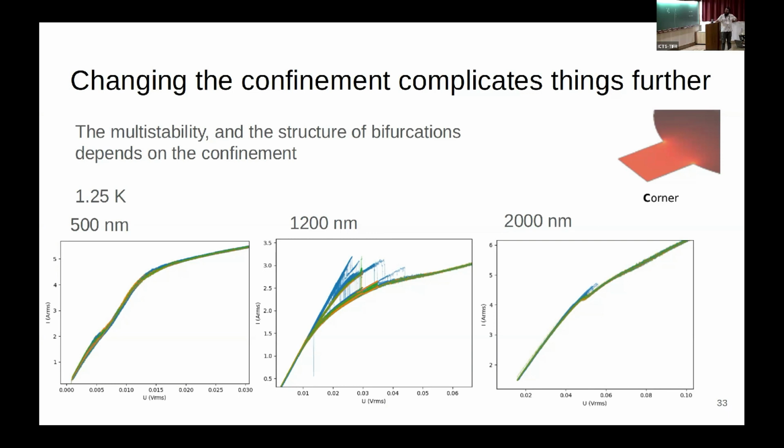Now, these blue and green curves, blue are with increasing drive, green and orange are with decreasing drive. The green ones are actually, so blue would be going like that, orange would be going like that, and the green would be jumping up and then going down. And again, at 2 micron, we see a very weakened hysteretic region.